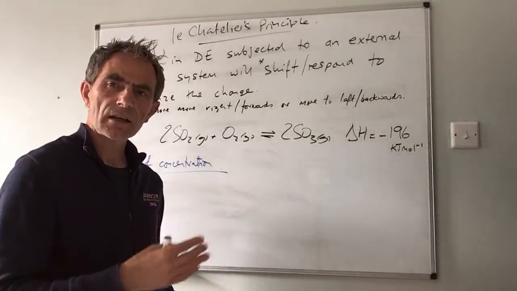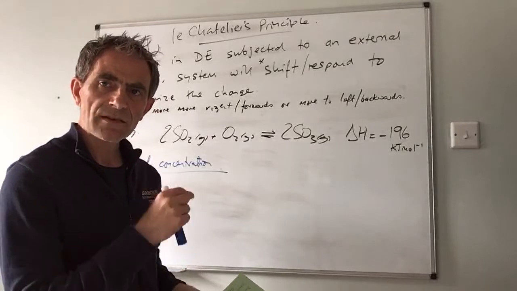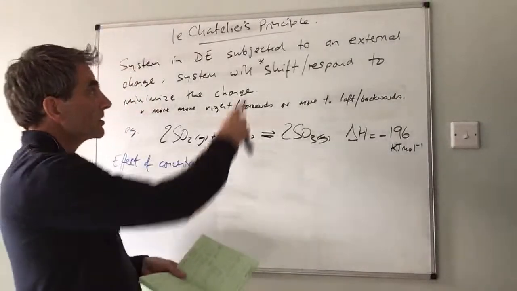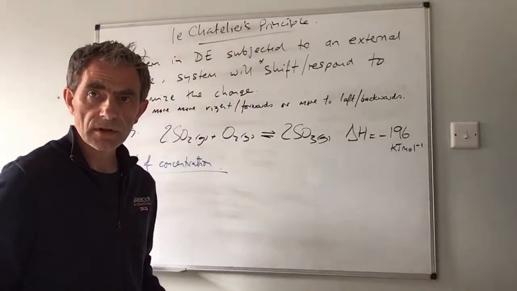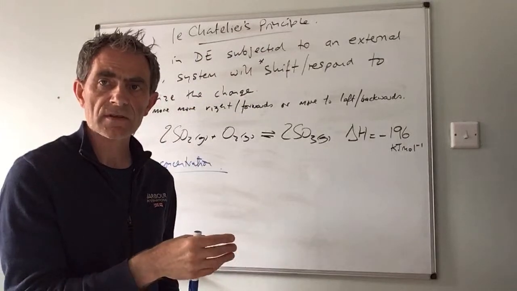Kc is just mentioned a little bit in Year 12. So in Year 12, you would mention it in terms of Le Chatelier's principle. So all the stuff we're going to talk about now is in terms of Le Chatelier's principle.